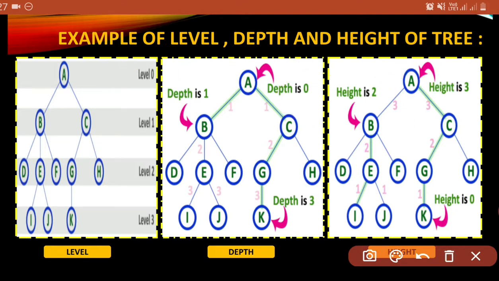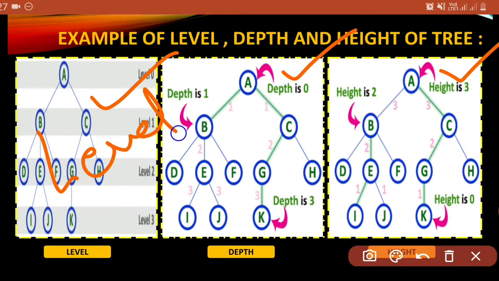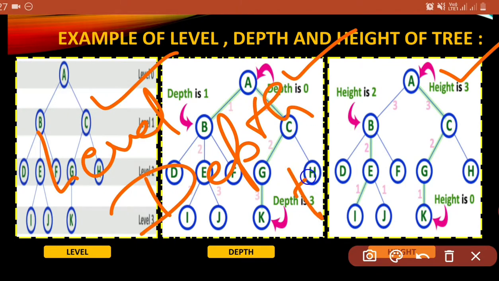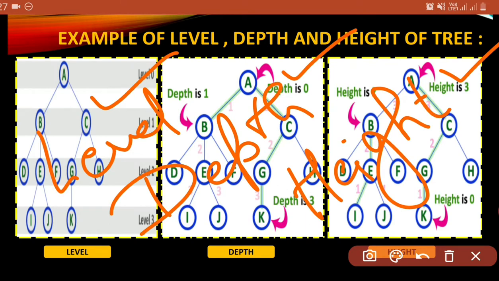That's why I'm writing it, combining all three things together so that you can keep things in mind. If I'm talking about the level, depth and height of the tree right now, see, all were the same: 3, 3, 3.